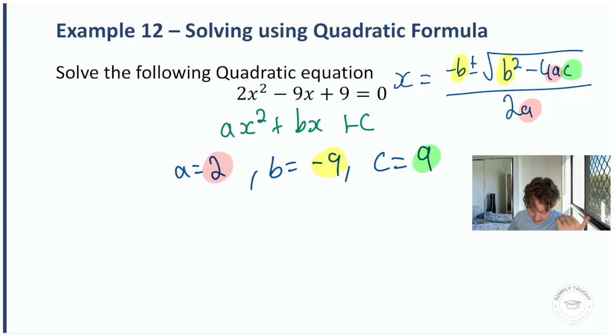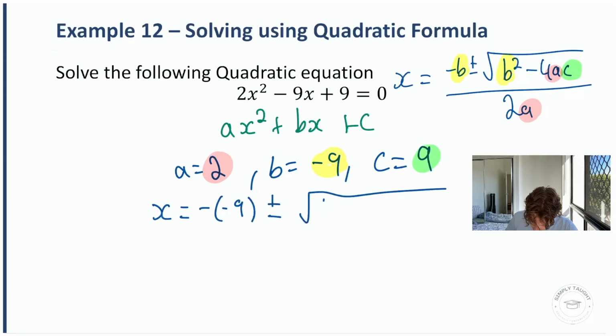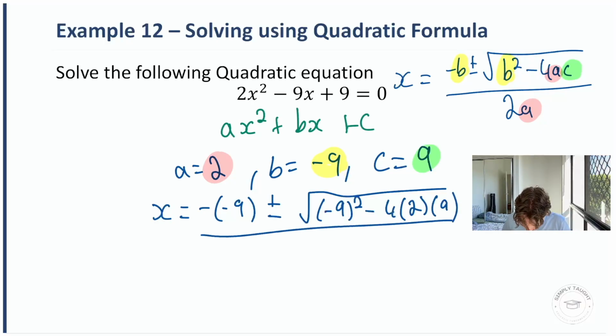If I substitute those numbers in, I get x is equal to minus b, which is minus -9, plus or minus the square root of -9 squared minus 4 multiplied by 2 multiplied by 9, all divided by 2 multiplied by 2.